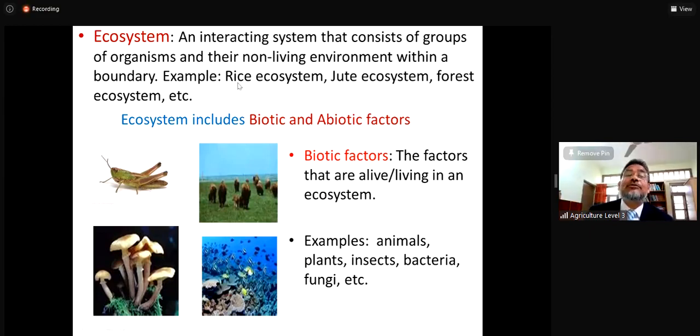So example যদি বলতে হয় তাহলে কি, an interacting system that consists of group of organisms and their non-living environment within a boundary.